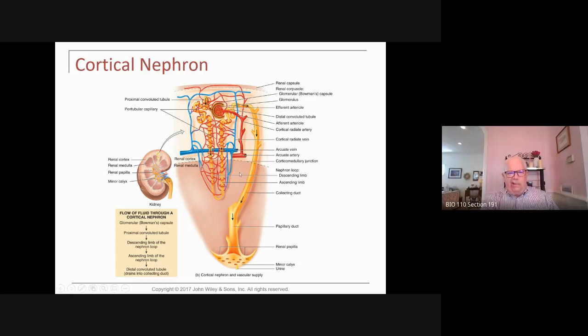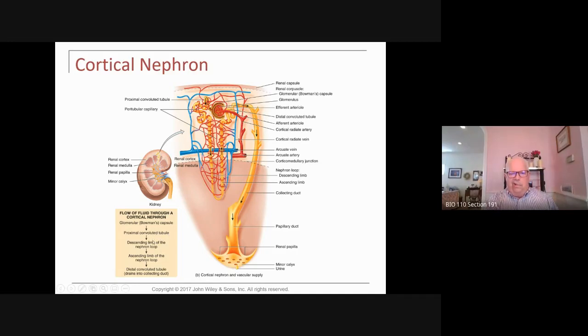And in doing so, you can see the flow of fluid through a cortical nephron. It goes through Bowman's capsule, where it's all filtrated. It goes into the proximal convoluted tubule, where 99% of absorption takes place.